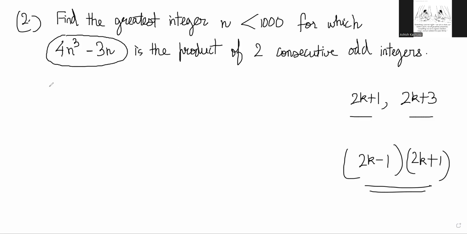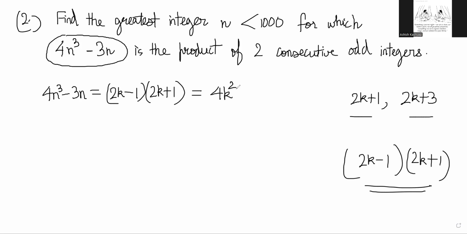So what we'll do is say 4n cube minus 3n is equal to 2k minus 1 times 2k plus 1, as per the question, which becomes 4k square minus 1. And now we can isolate this 4k square. We can say 4k square is equal to 4n cube minus 3n plus 1, right?